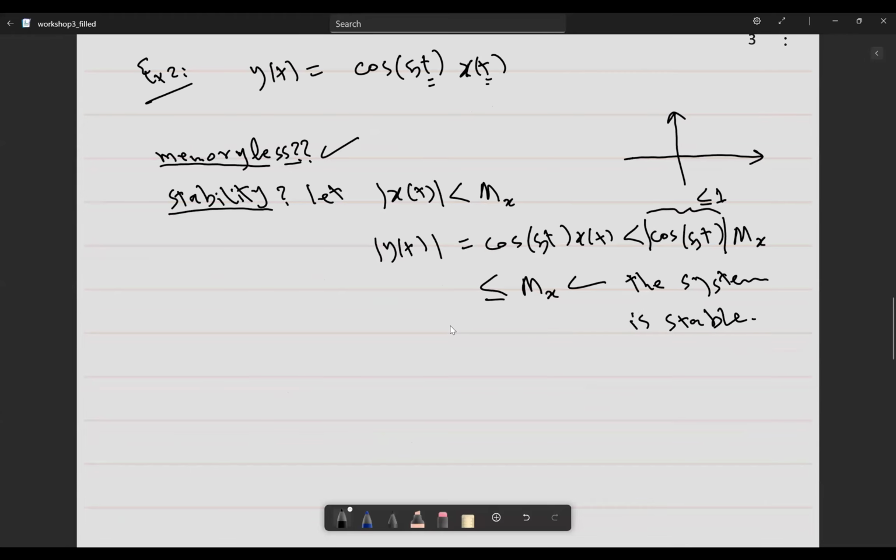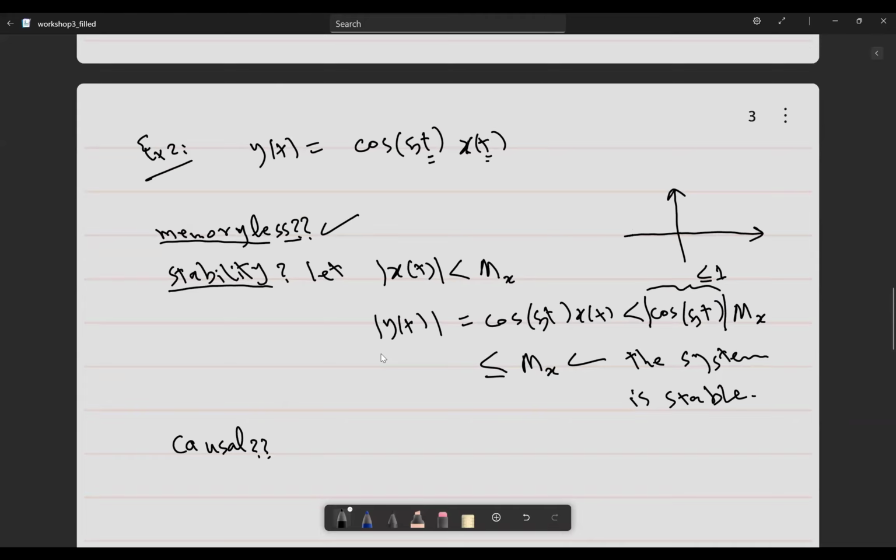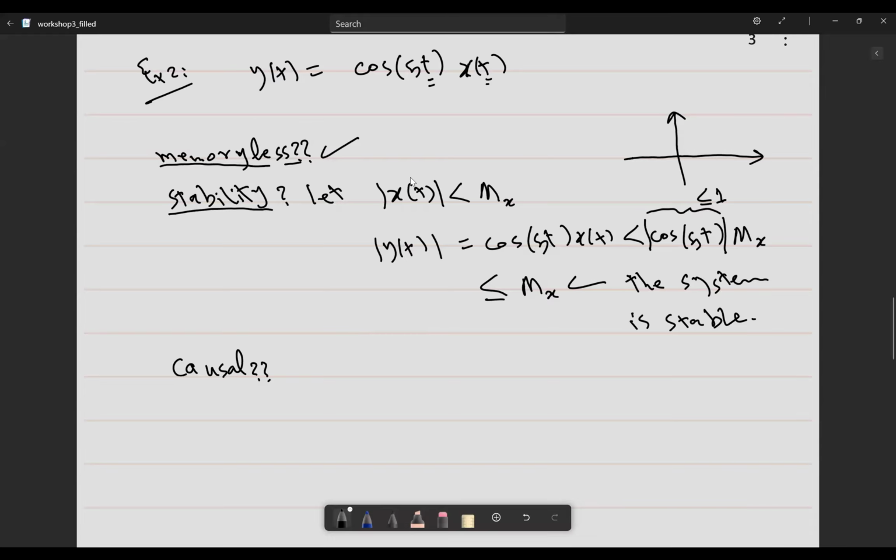Now the causality. Is it causal? Yeah, it is. Yep. Because it doesn't depend on the future.